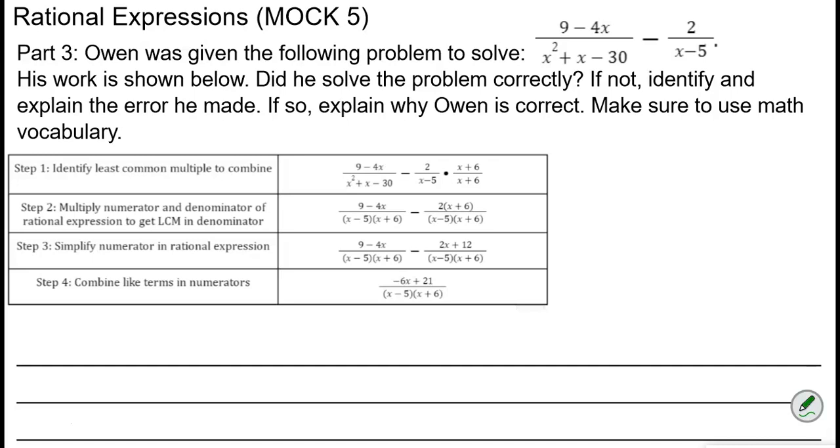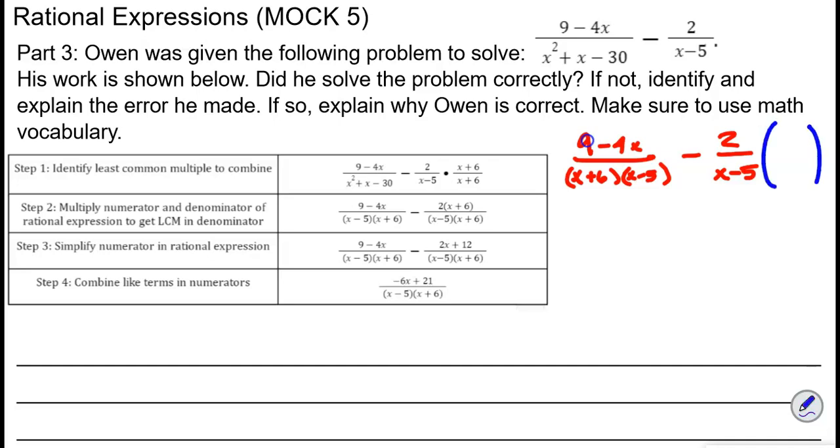Okay, so here on this one, I'm going to work the problem over here on the right, guys. I like to do that because it helps me see where the error is. So 9 minus 4x over, I'm going to go ahead and factor this. So this is going to be x plus 6, x minus 5, right? And then I'm going to subtract from it 2 over x minus 5, okay? So I went ahead and factored it, so I kind of skipped to step 2, right? So what we're going to do is multiply this by what?